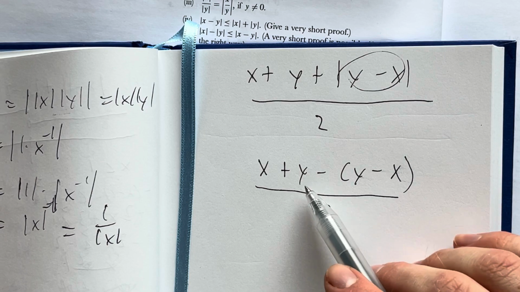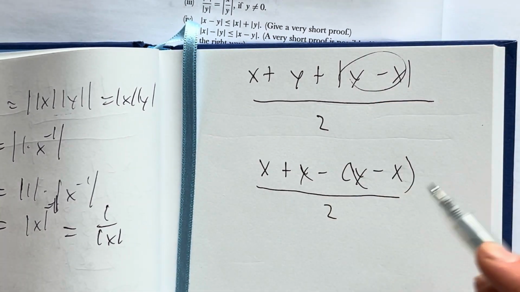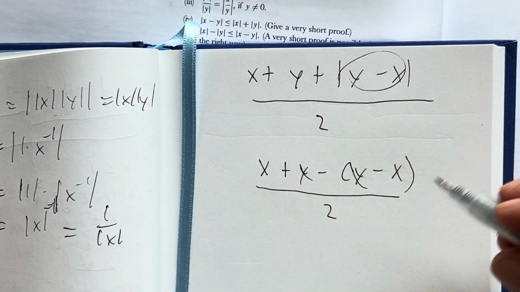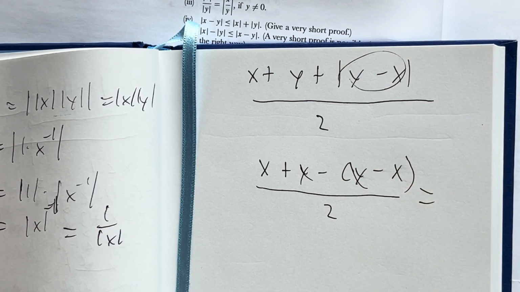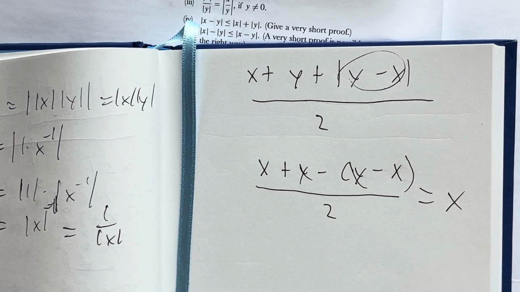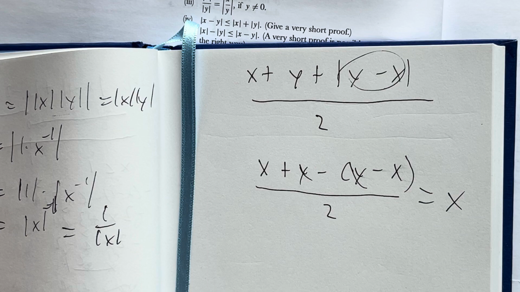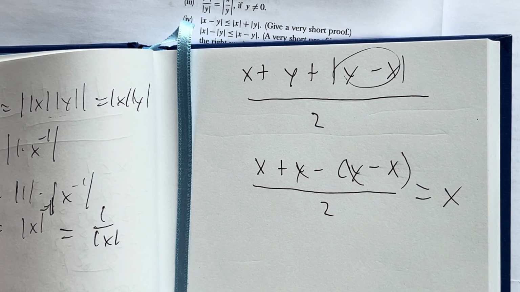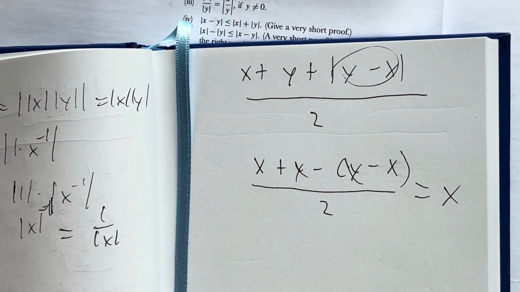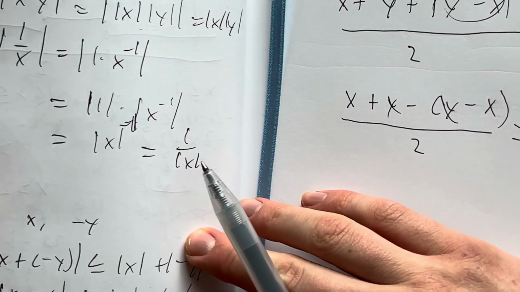And then of course y minus y cancels out. x plus x is 2x, leaving us with 2x over 2 equal to x. So, okay, that's smart, but yeah.